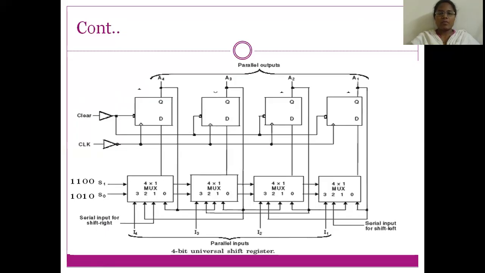For example, if we want to store data 1011, how is the process? According to our truth table, if we select 0 0, there won't be any change in the operation. So I am taking the 0 0 condition and my data is 1011. There shouldn't be any change in the output. So we want to store a data, that is 1.